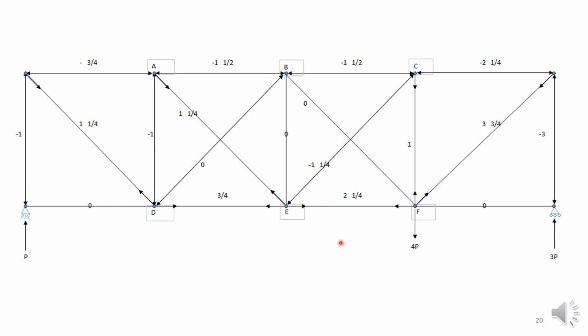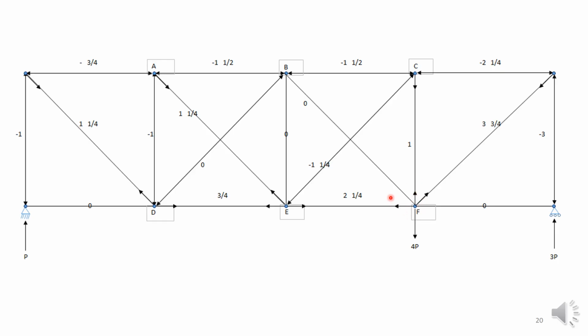Now, here we consider the external forces 4p, p, and 3p at the supports, and then we find forces within the truss that are in equilibrium, that create an equilibrium condition.